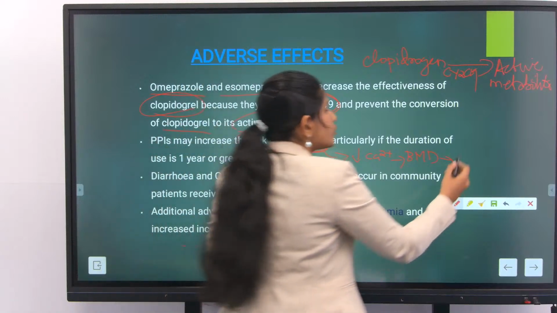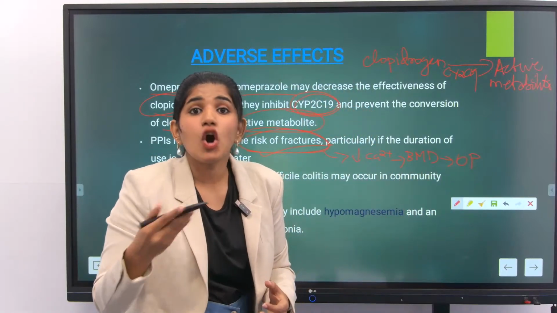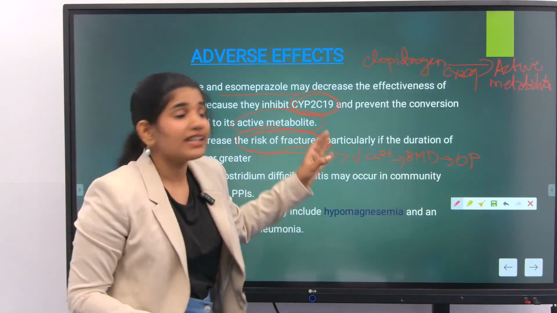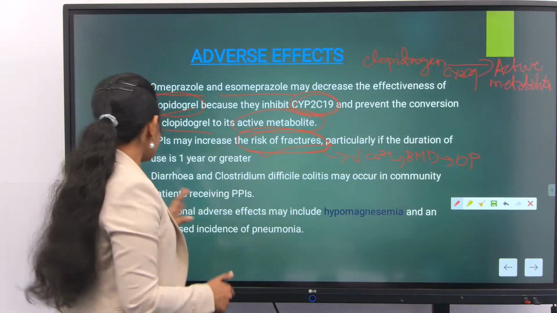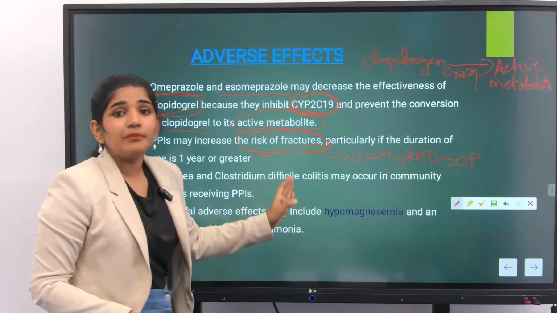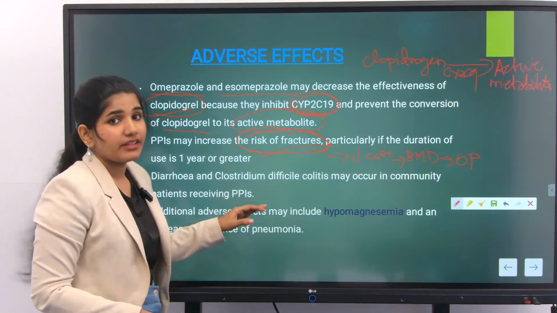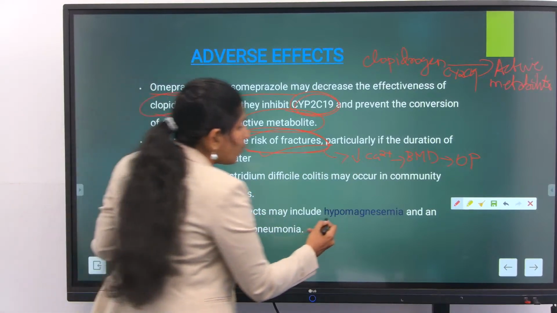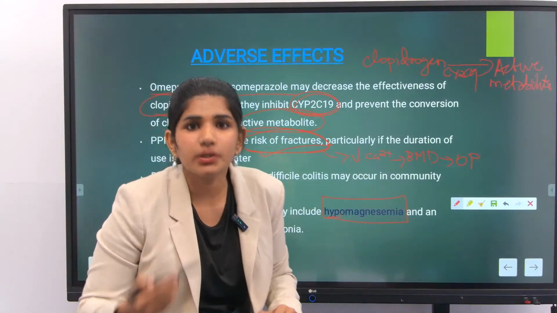That will lead to osteoporosis, the osteoporotic condition, that is porous bone, and they can also increase the risk of fractures. Next, diarrhea and Clostridium difficile associated colitis may occur in community patients receiving proton pump inhibitors. An additional adverse effect, which is important, is hypomagnesemia.